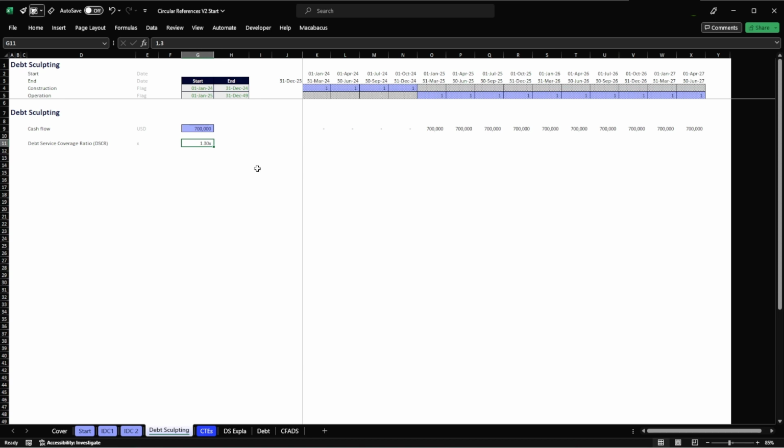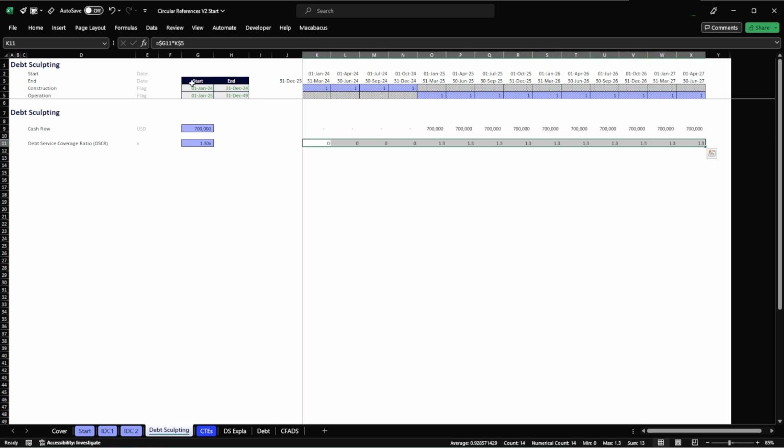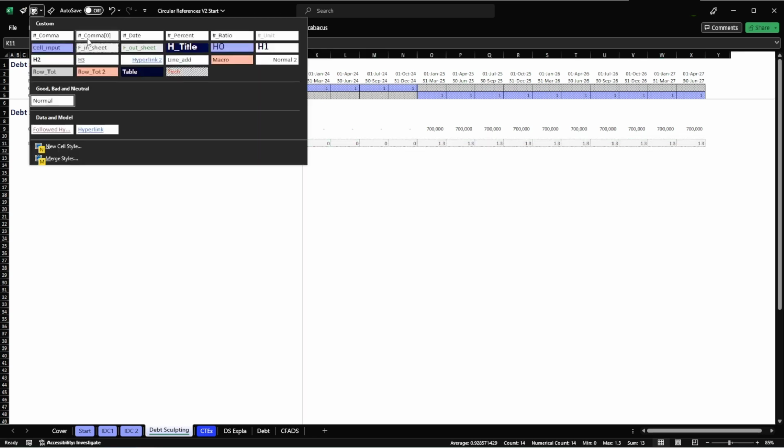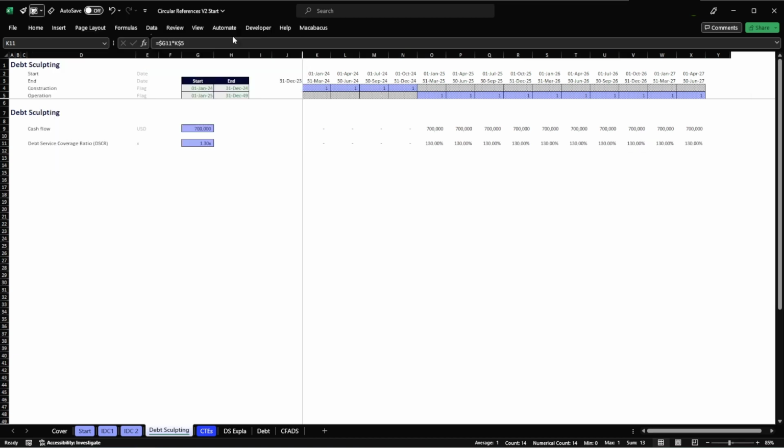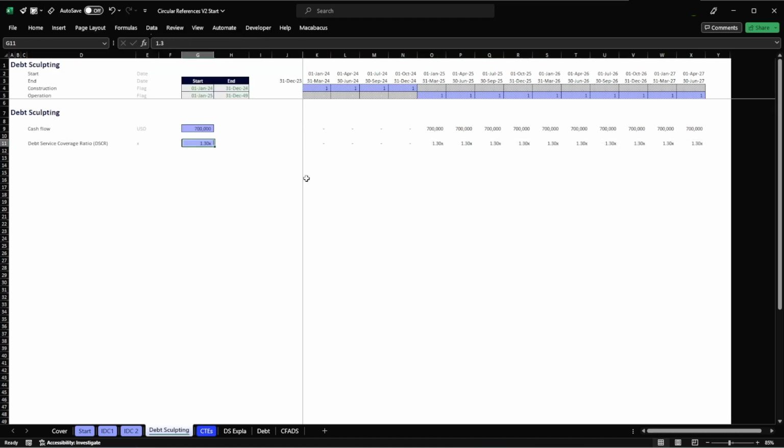We're going to say for now it's going to be 1.3. I'm just going to have this number here, and multiply by this one here. I'm going to press enter. We're going to copy and paste across, and format it to be $0 and a ratio. Cool.